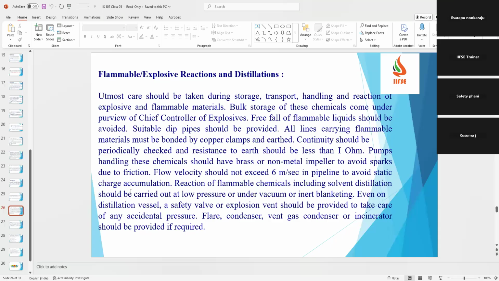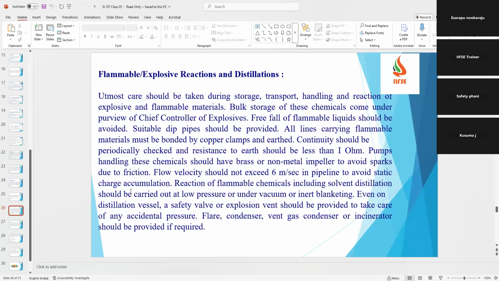Continuity should be periodically checked, and also the earth resistance should be less than 1 ohm. The pumps handling these chemicals should have brass or non-metal impellers to avoid sparks due to friction. So flow velocity should not exceed 6 meters per second in a pipeline to avoid static charge accumulation.